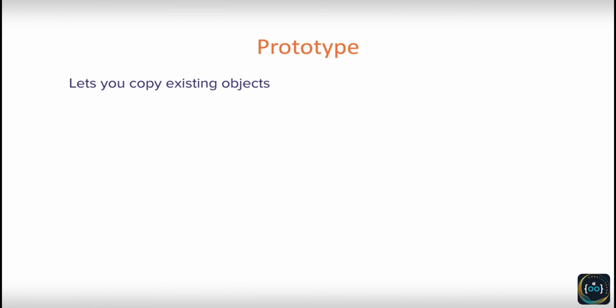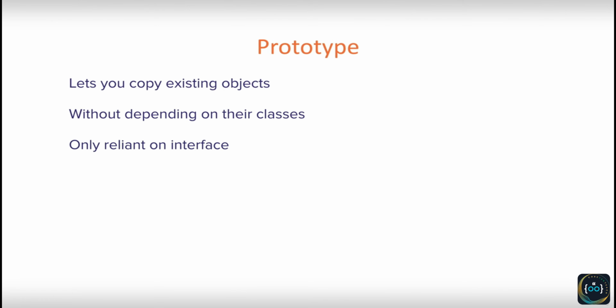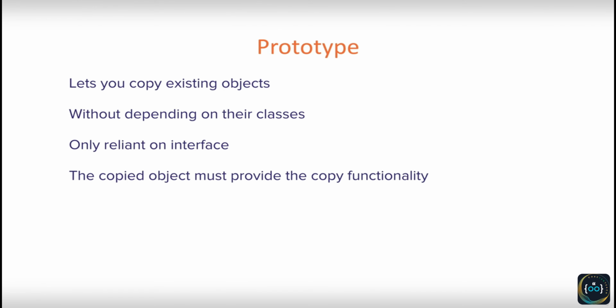So what does this prototype need to do? First of all, it lets us copy existing objects. Okay, quite simple. We will not be depending on their class. That is quite necessary. We can have situations where we only rely on an interface. The copied object must provide the copy functionality.